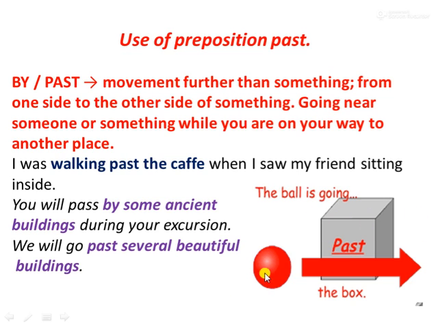So the ball is going past the box. You will pass by some ancient buildings during your excursion. So this preposition by is giving you the same idea, and we will go past several beautiful buildings. So by the side of several buildings. This preposition gives you that idea.